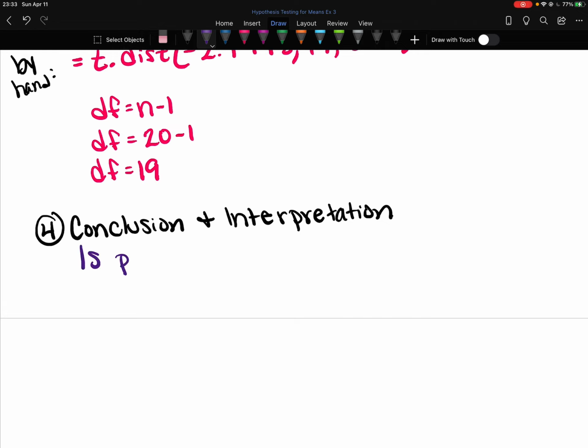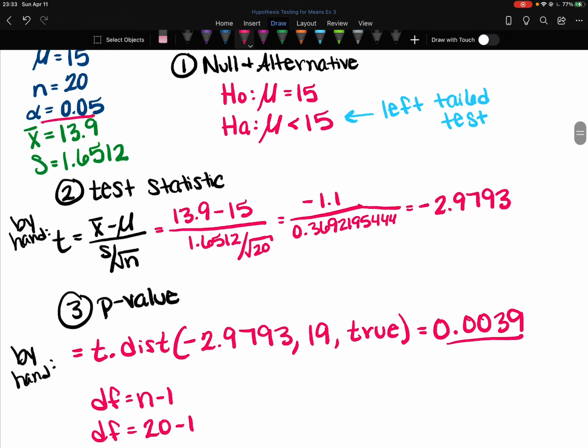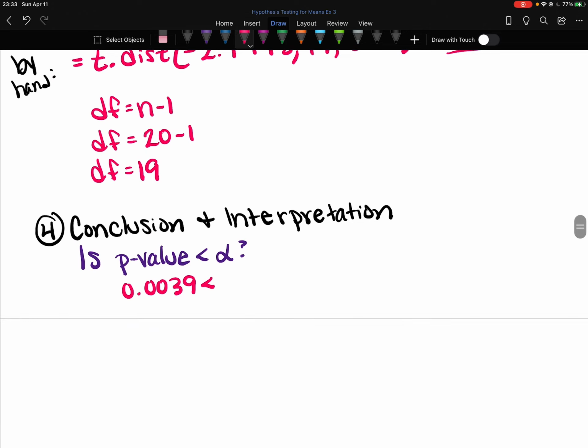So the conclusion, is our p-value too small? What's too small? Anything less than alpha. So is 0.0039, that was our p-value, less than 0.05? Well, let's see here. I have a 0 and a 0. I have another 0 and a 5.